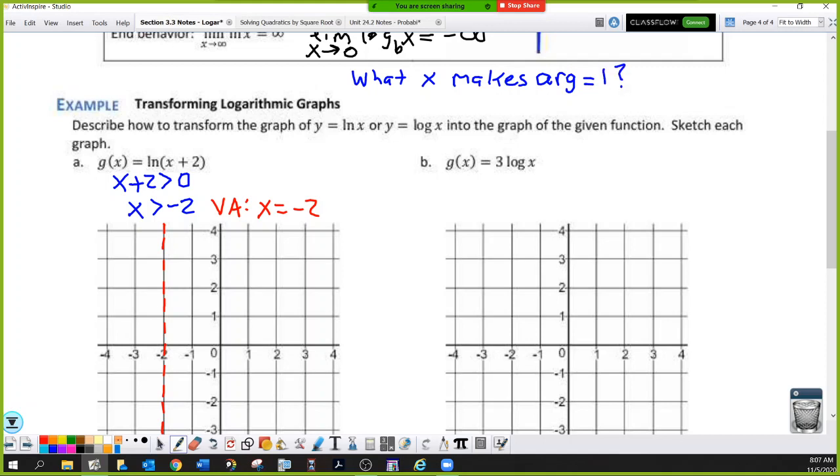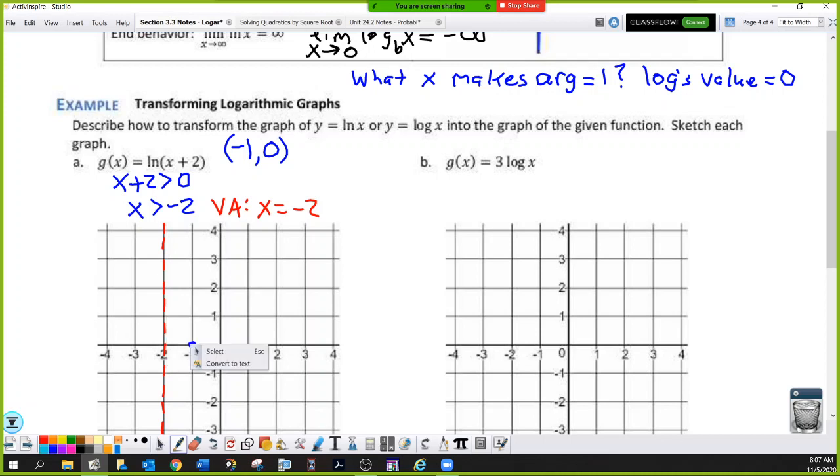You need that number, because when the argument is 1, the log's value is 0. And that doesn't mean the entire function equals 0 because there could be some transformations, but the log's value is 0 when the argument equals 1. So for us, what? Negative 1. Yeah, x equals negative 1 makes the argument be a 1. So if I plug in a negative 1, I have ln of 1, which is 0.